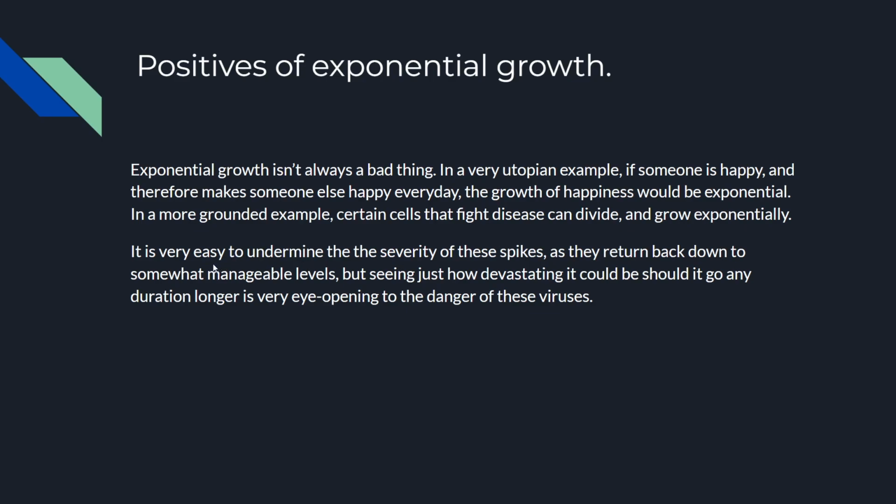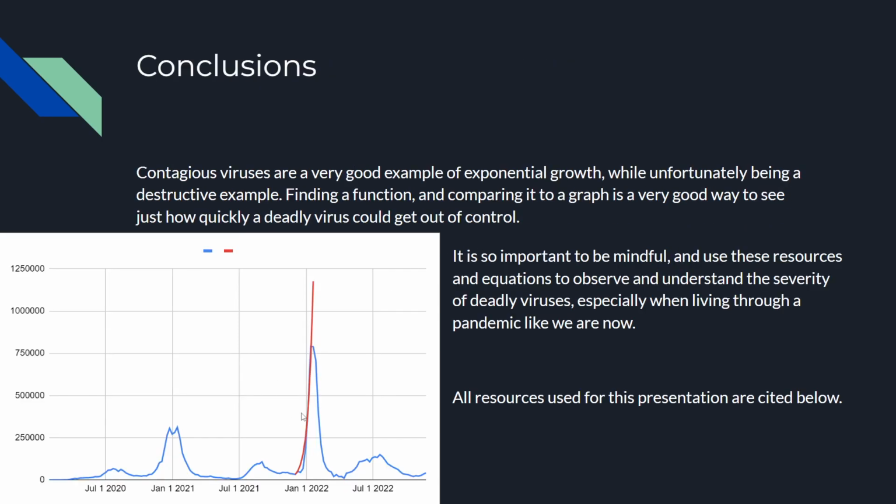Now, it's also very easy to undermine the severity of these spikes. If we look over here, you can see that it's easy to undermine this because it tends to go back down, and it kind of ends there, and it's easy to just look past that. But if you look at each one of these spikes, the rate of the exponential function is alarmingly fast.